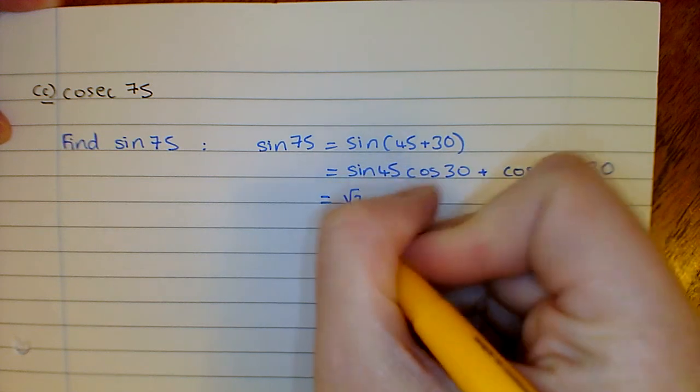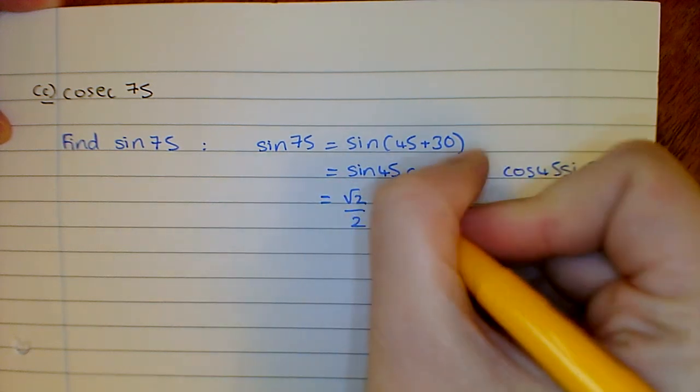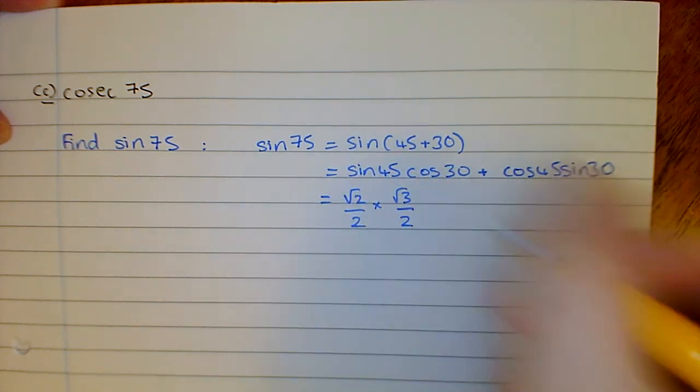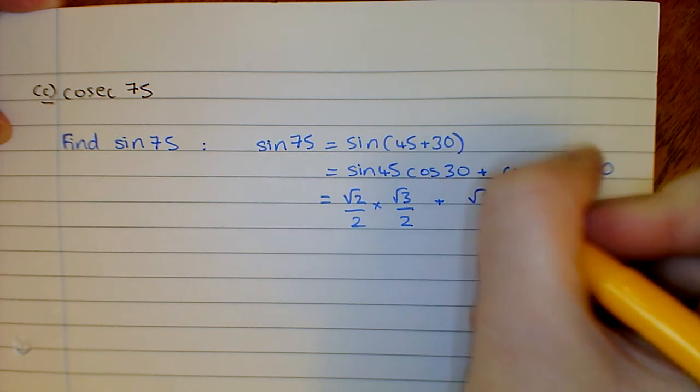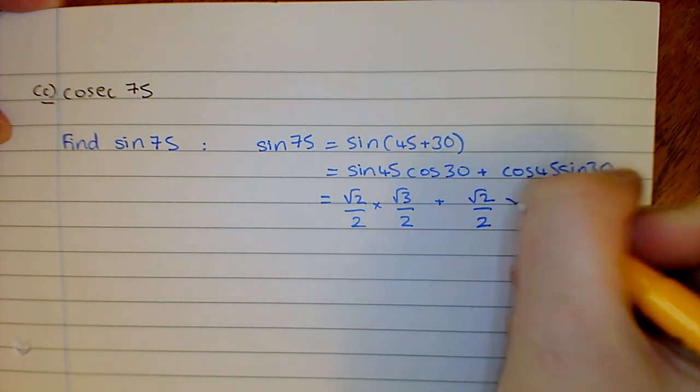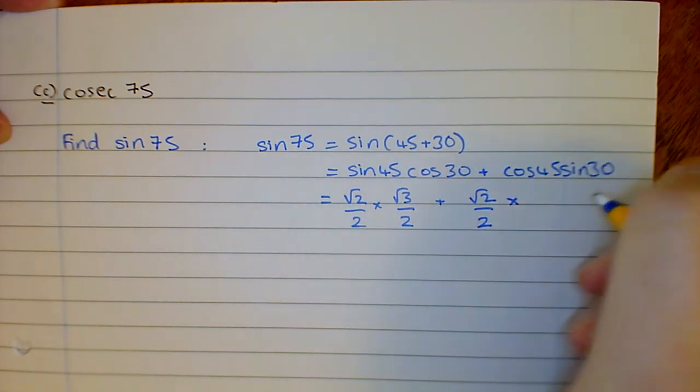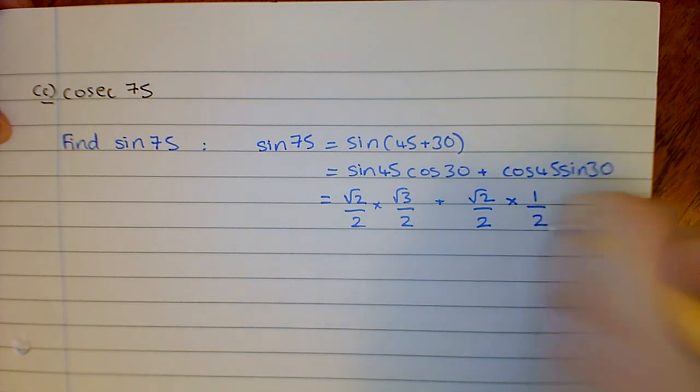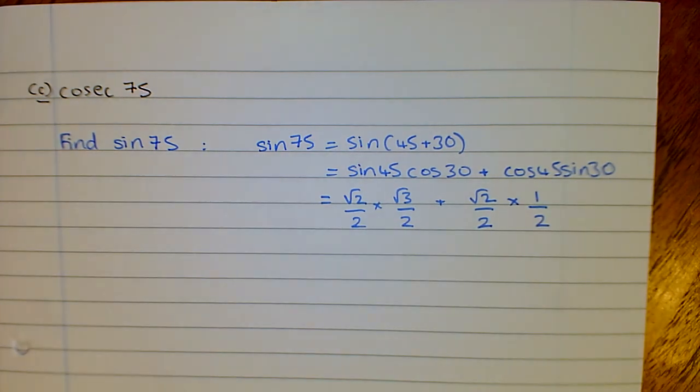So the sine of 45 is root 2 over 2, cos 30 is root 3 over 2, cos 45 is root 2 over 2, and sine 30 is a half.